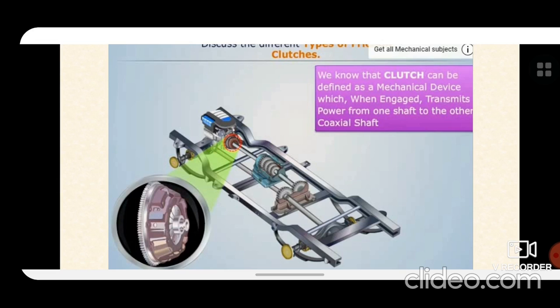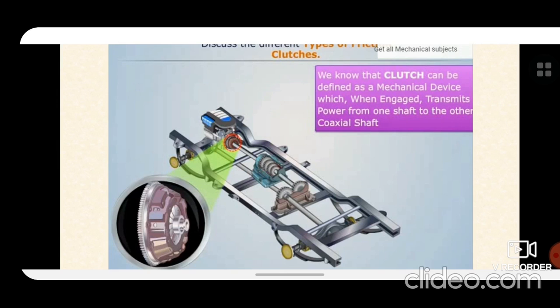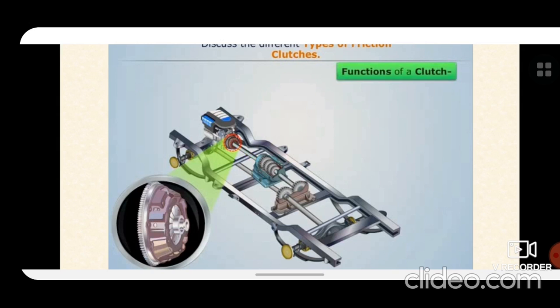So it receives the motion or power from the engine and transmits it to the transmission system. So the clutch is the part which engages and disengages the mechanism between the flywheel and the pressure plate. So you see the mechanism, how it operates.